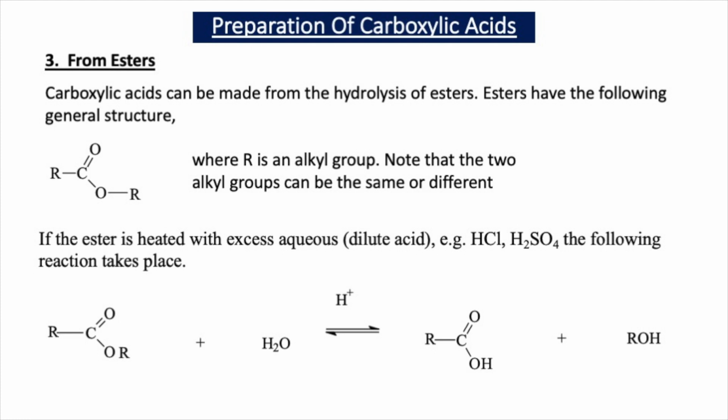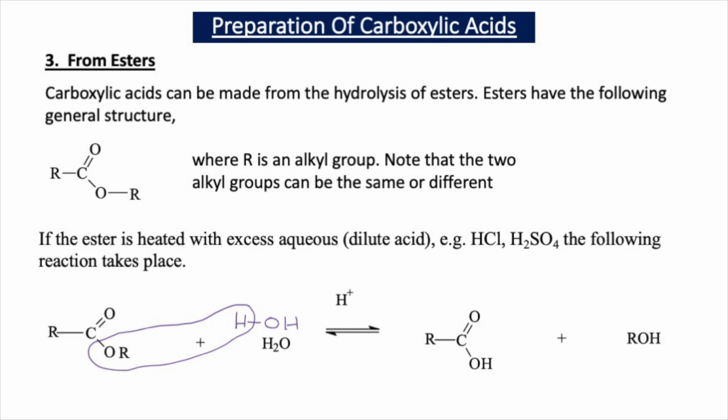Now, the ester reacts with water in the dilute acid to form a carboxylic acid and an alcohol, and the alcohol is represented here in the equation with the formula ROH.